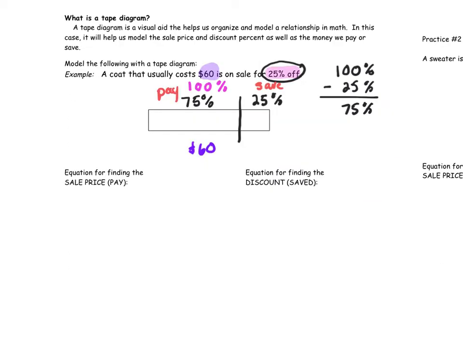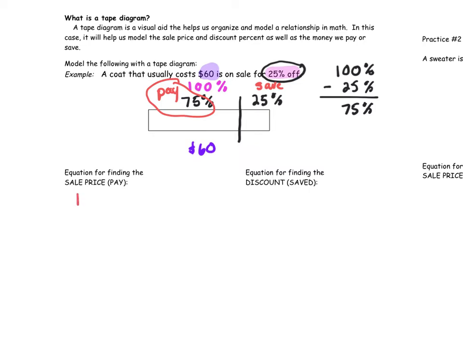So now, depending on what I am being asked to find, if I'm being asked to find the sale price or the discount, that depends on which equation I write. So if a question came along with this example and it said, how much will you pay, or how much is the coat on sale, then we're going to use the percent that is the pay percent.